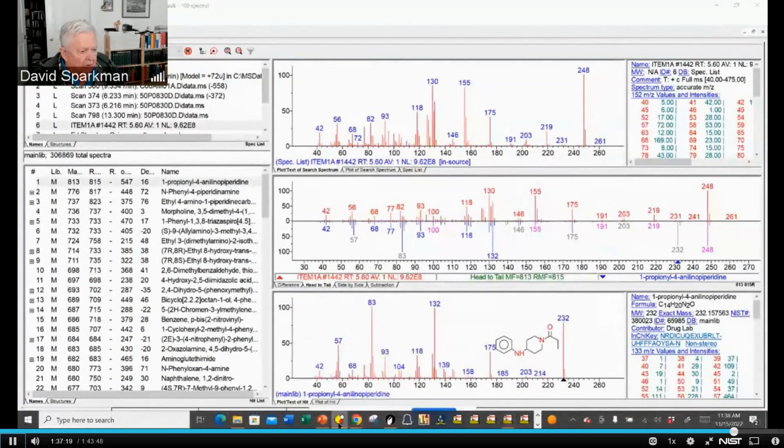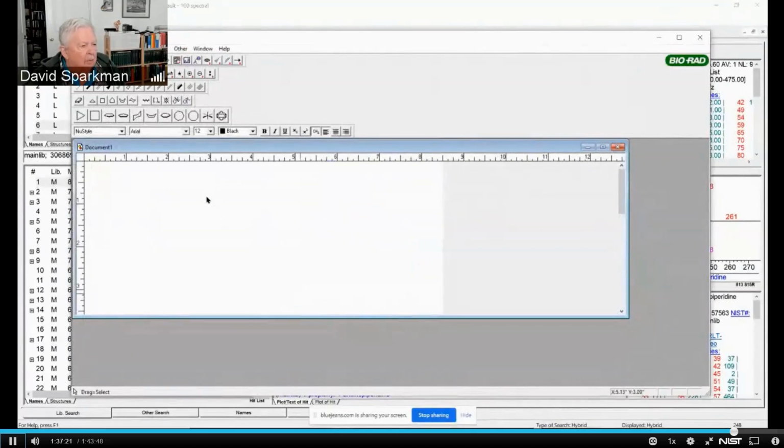Then I'm going to go to my drawing program and paste that structure in. All right, there it is pasted in.